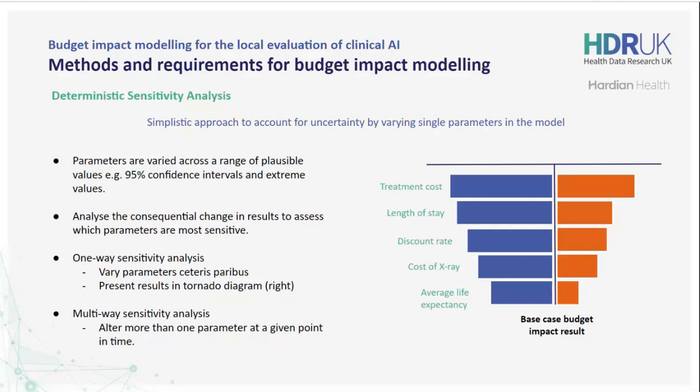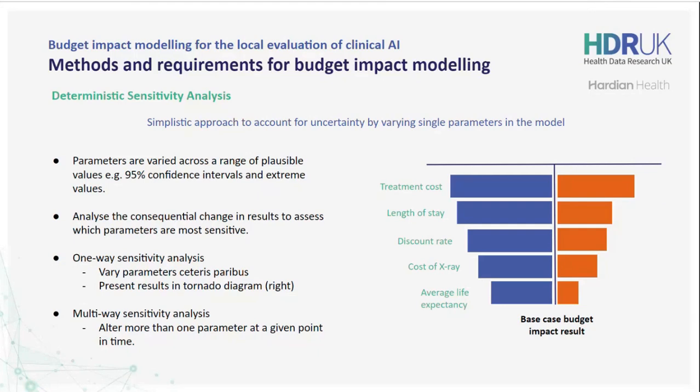Once you have collected the data, performed the budget impact assessment, it's really important to demonstrate the robustness and accuracy of those results by testing the results against any uncertainty that's introduced by assumptions that are made in the analysis.